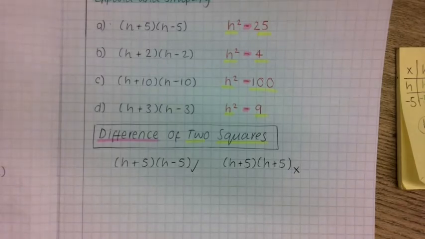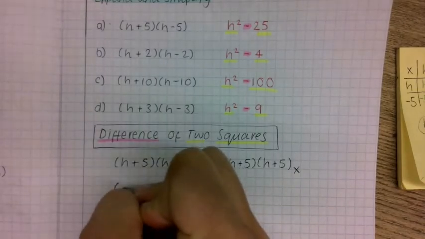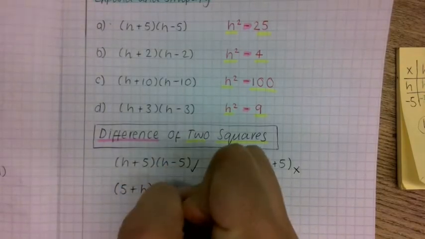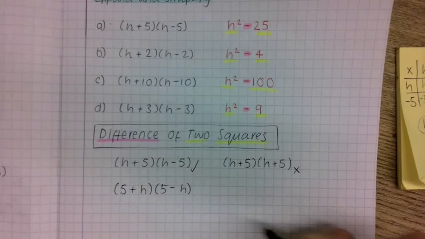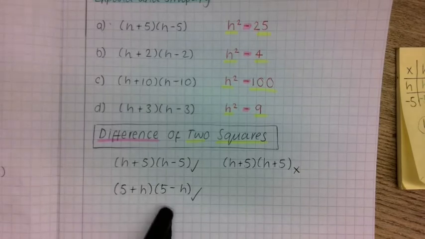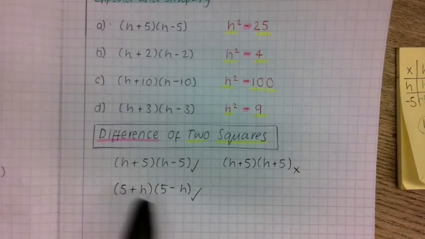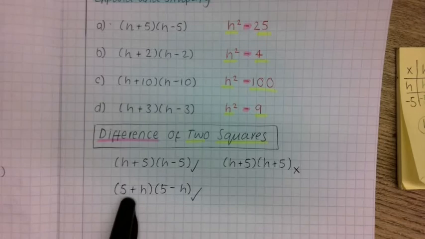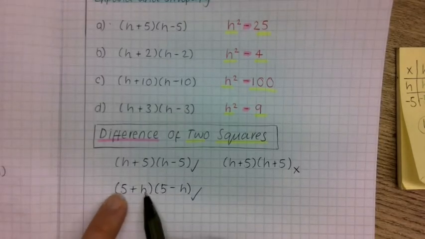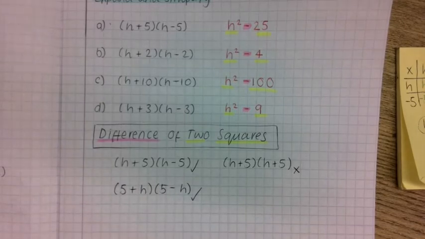If I had something like this, 5 plus h, 5 minus h, this would be the difference of two squares, because even though we have the number first and then the letter, we still have the same two, the 5 and the h, and then the positive and the negative. Okay, so this would be the difference of two squares.